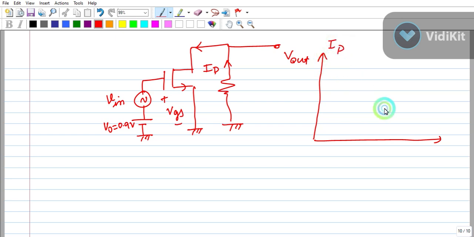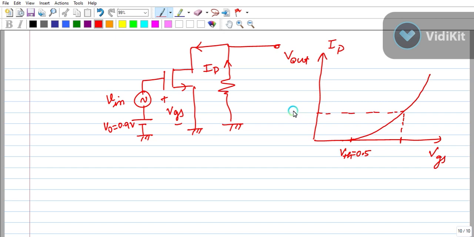And I'm making ID versus VGS also. This is VTH, which is equal to 0.5 volt. Now I'm taking 0.9.